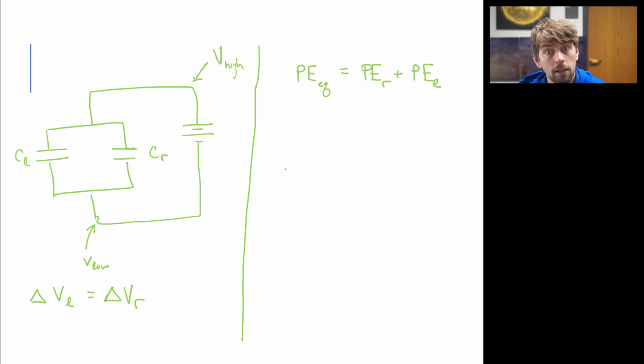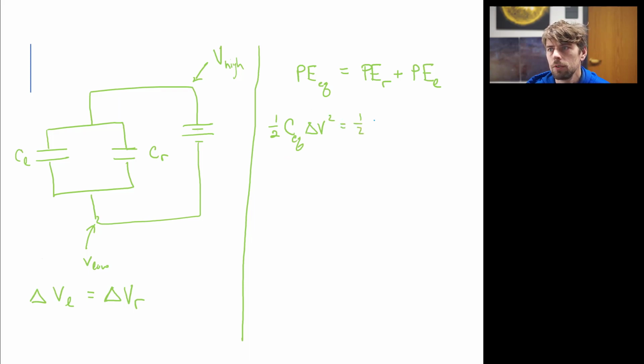Now we have to go back and look, but the equation telling us the potential energy associated with a charged capacitor and the difference in electric potential is given by 1/2, I'll write here, C equivalent delta V squared.